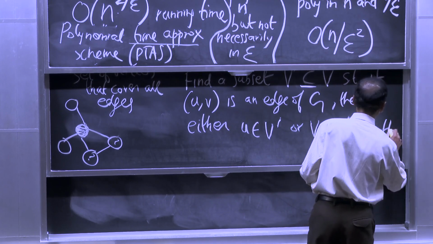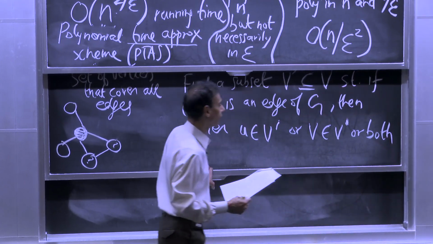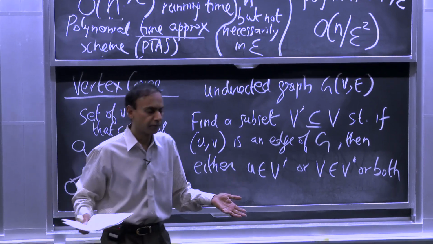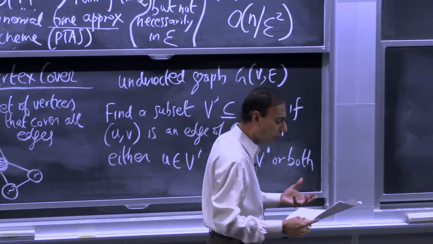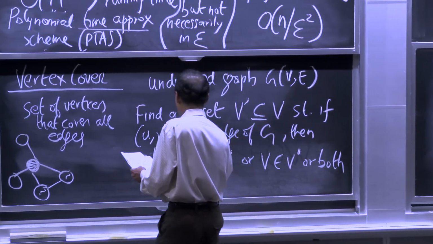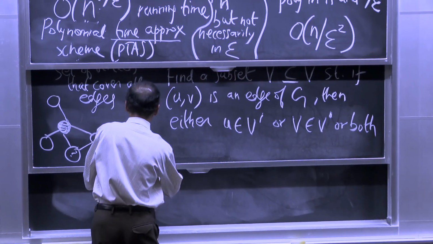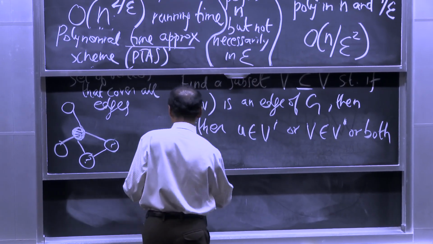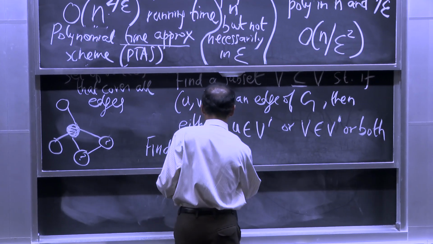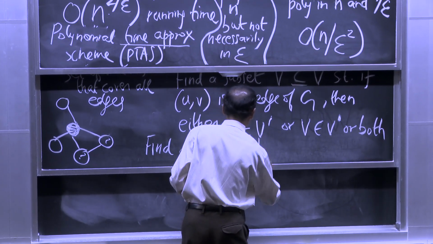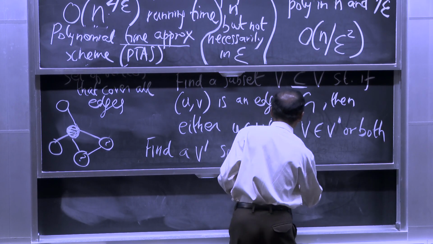It's quite possible that your vertex cover is such that for a given edge, you have two vertices that touch each of the endpoints of the edge. And the optimization problem, which is what we'd like to do here, is find a V' so the cardinality is minimum.